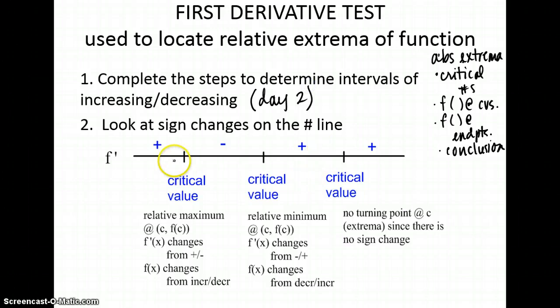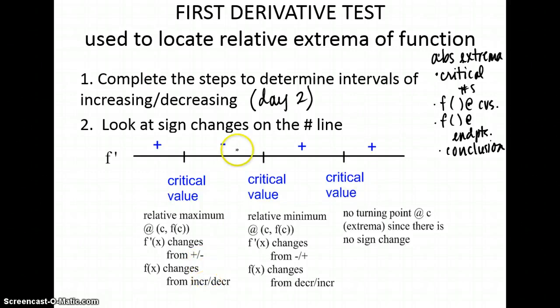Now we look specifically at the sign changes that we have represented on the number line. A change in sign on the derivative tells you a change in direction on the function. So if your derivative switches from positive to negative, then where that switch occurs, a relative maximum occurs on the graph of the function. Your function changes from increasing to decreasing.